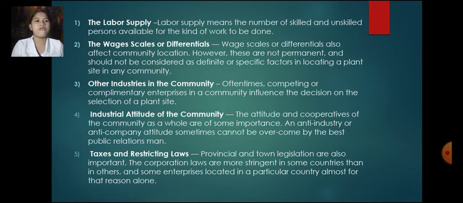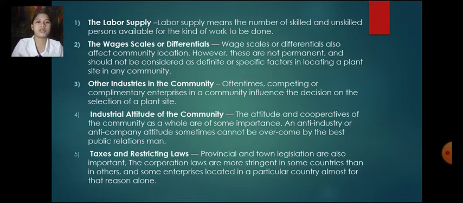Oftentimes, competing or complementary enterprises in the community influence the decision on the selection of a plant site. Competing industries may drain the supply of certain types of labor skills, with the result that these industries become competitive with each other. With such a condition existing, the place is therefore not a good site for the business.